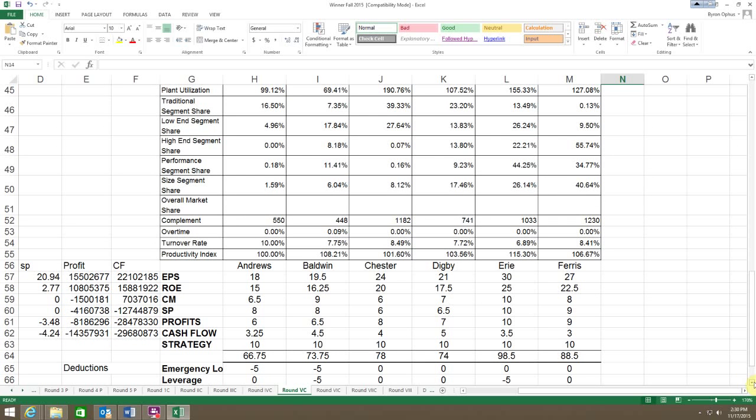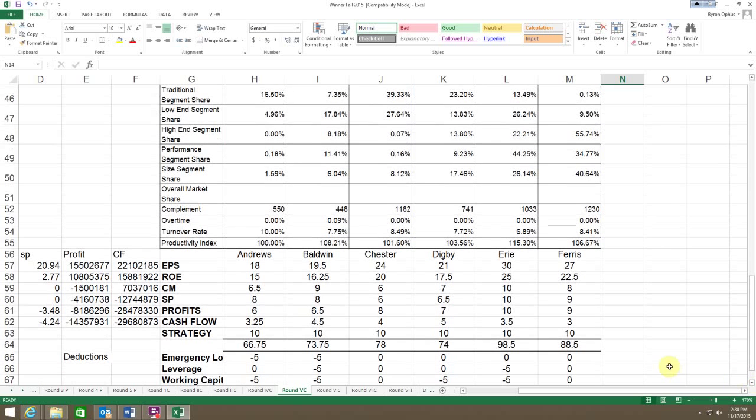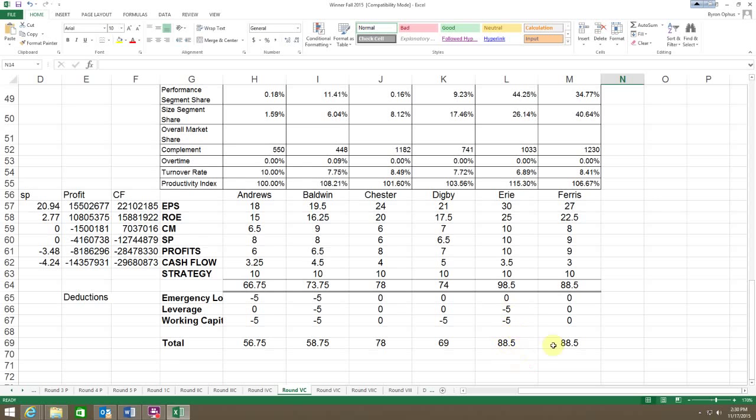Ooh, yeah, they didn't have an emergency loan, so they skated by there, but they did have a deduction for leverage, lots of debt, and also a deduction for working capital. So they're taking on a little bit more risk, but still managed to tie, by my scorecard, the computer team, and took on a little leverage, which affected both this one and the working capital.